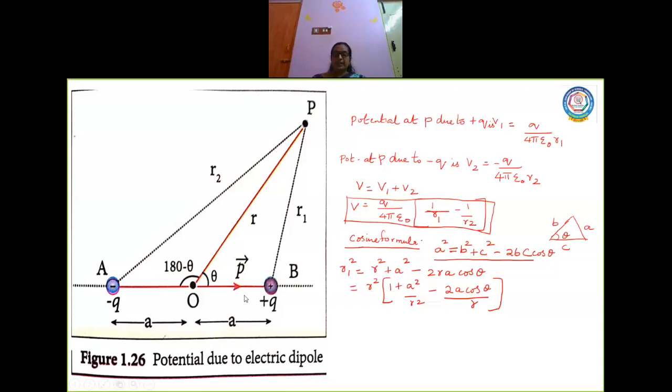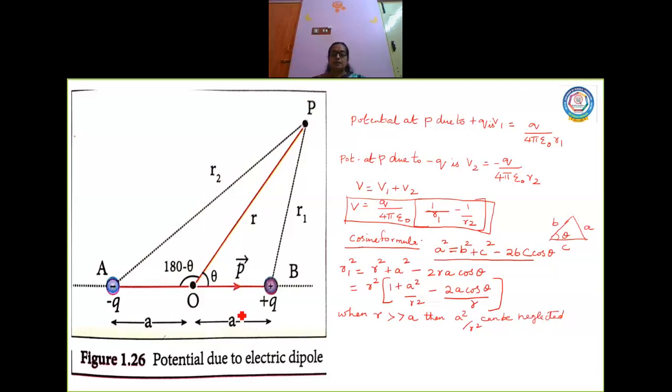Now, once again come back to this diagram. When the distance r, the distance between the point and the midpoint of the dipole, is very much greater than a, the term a square by r square can be neglected.